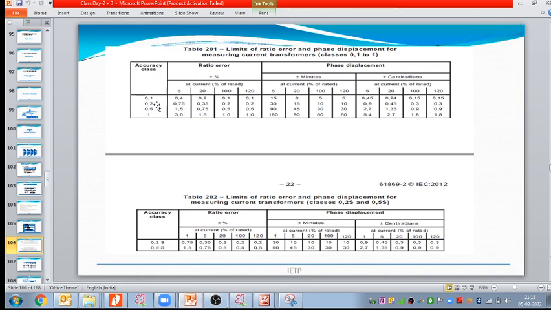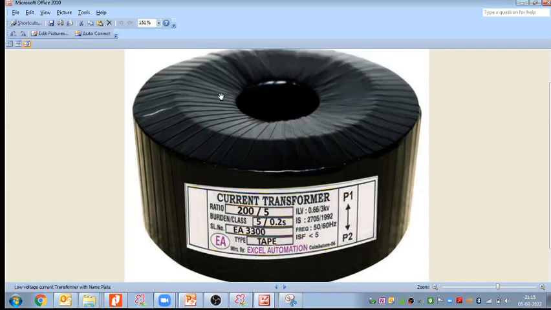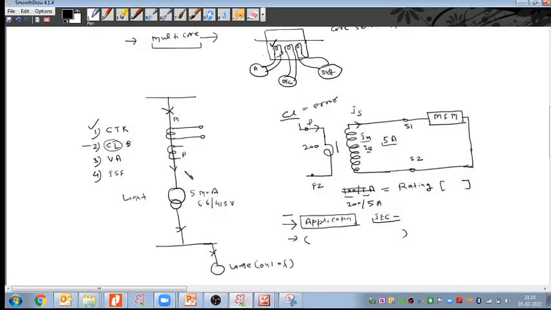In that case, if we take the 0.1 accuracy class CT, even though we have taken a 0.1 accuracy class CT, it will not guarantee 0.1 percentage error. 0.1 percentage of accuracy class is guaranteed when the 100% current is flowing. Whatever CTR we have calculated in the study, we have taken a 500 by 1 ampere CT.